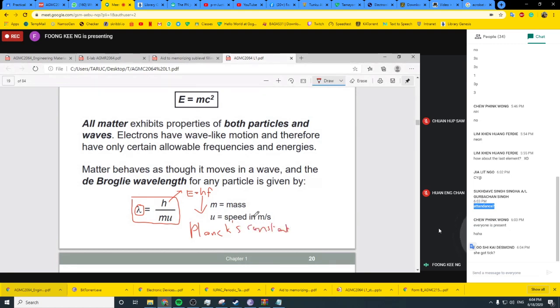Planck's constant is very important because one thing I want to highlight to you is that electrons are waves, and waves are electrons. So what kind of wave are we talking about here? Electromagnetic wave. In the electromagnetic wave we have gamma ray, microwave, visible light, UV, and IR.